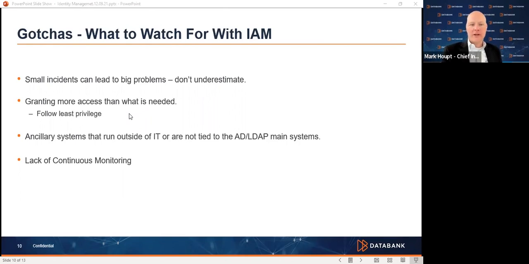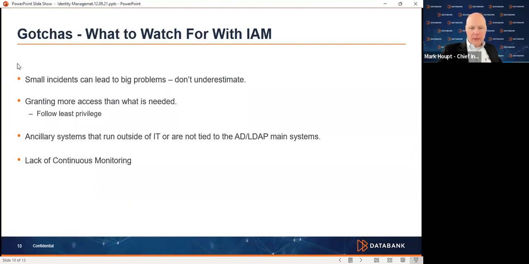And so all of a sudden you find out that somebody has admin access on a system that they were originally on a project for to stand it up and deploy it. And they no longer need admin access, but they've had that admin access for years because it's never been checked. So make sure that you're running reports and you're identifying the access that's out there and only granting what's needed.